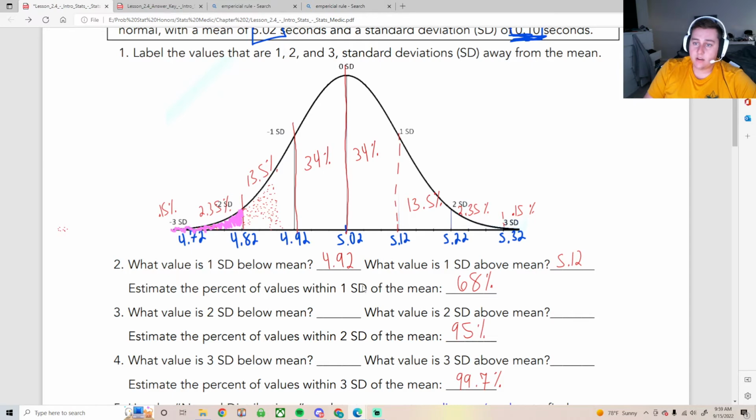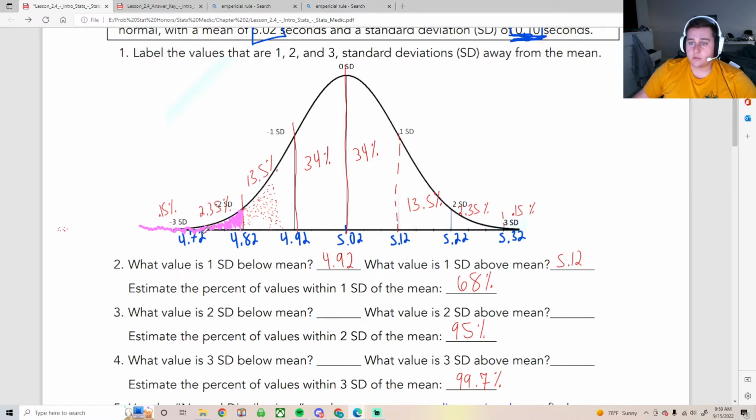And then, this is the question I always pose, how far do we go? Well, in this case, this graph actually gets really thin all the way out to infinity, positive and negative infinity. So this technically goes on forever. So if this entire slice all the way out to negative infinity is 0.15, and then this slice is 2.35, all I have to do is add them together, right?